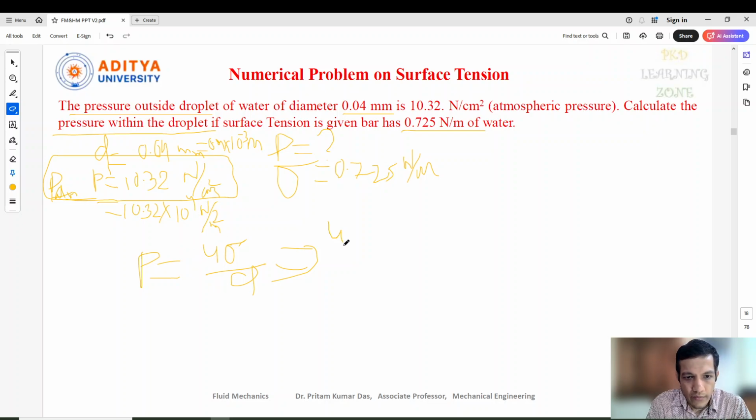So now we can calculate the value of P. That will be 4 into sigma, which is 0.725, divided by D, 0.04 into 10 to the power minus 3.